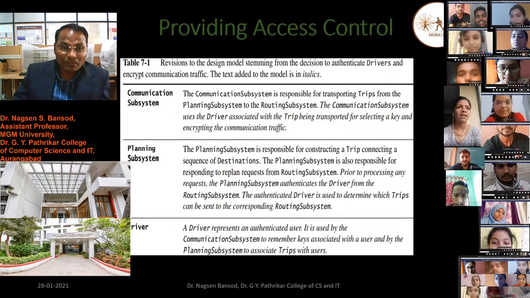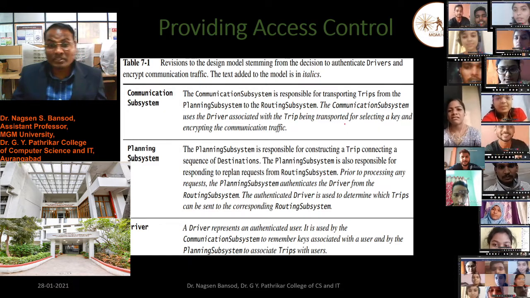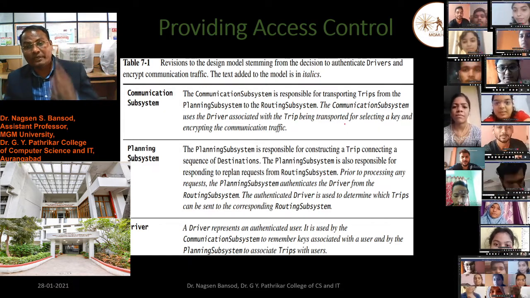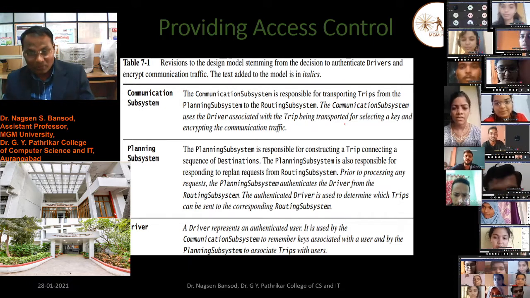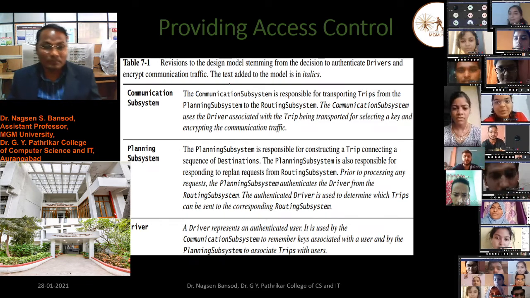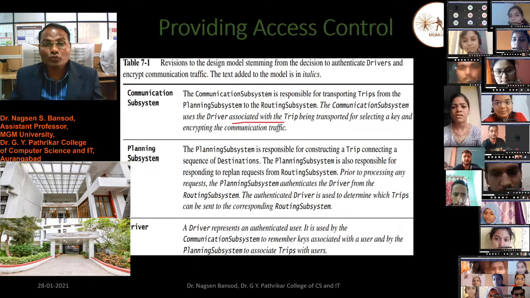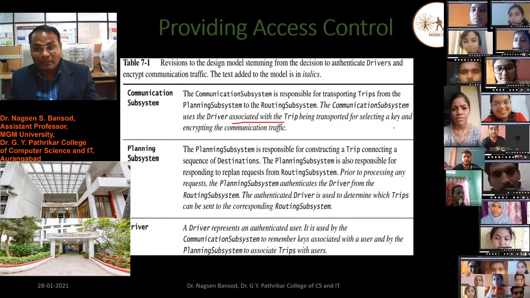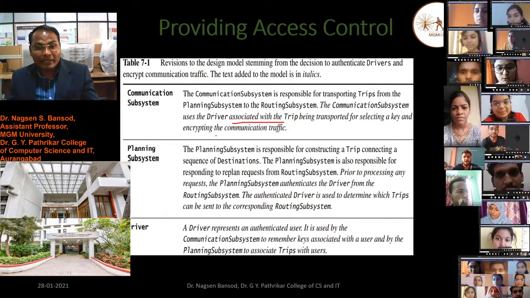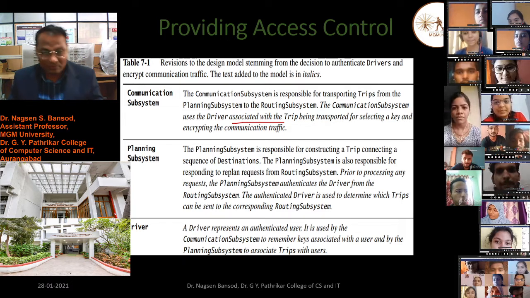Communication subsystem. The communication subsystem is responsible for transporting trips from the planning subsystem to the routing subsystem. The communication subsystem uses the driver association with the trip being transported to select a key and encrypt the communication traffic.